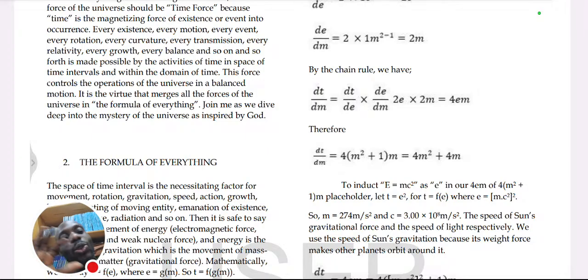Now, this 4M squared plus 4M, the 4M squared is a placeholder for strong conveying force, while the 4M is a placeholder for weak conveying force. So I call it conveying force because we're going to have this momentum right from where we have the suspension to bridge the divergence from classical mechanics to quantum mechanics.